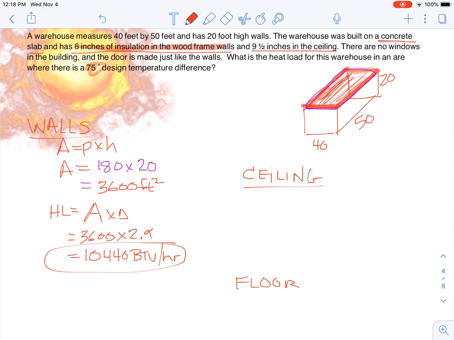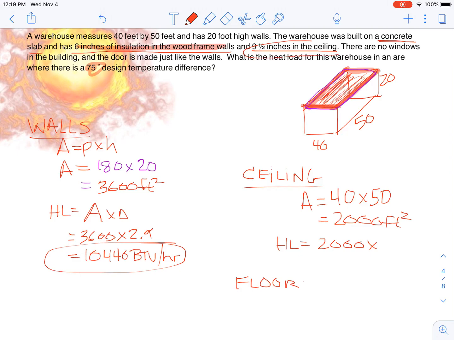So that would be 40 times 50, right, to get the area, which is 2,000 square feet. To do the heat load for the ceiling, you take your area times the coefficient of change.